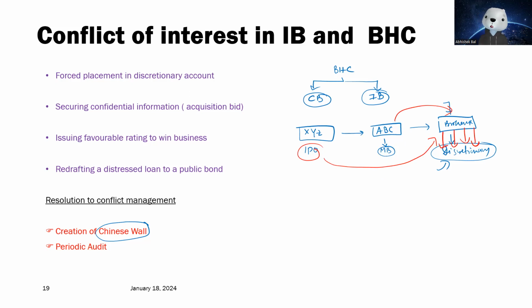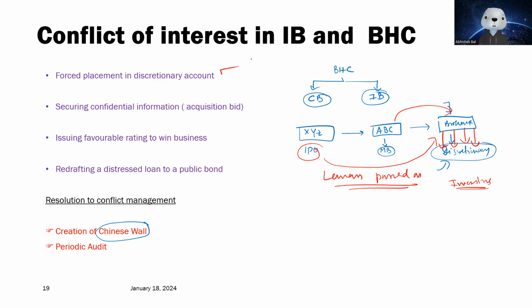If this kind of lobbying and influencing is strong enough, then it is possible that lemons are actually being passed on. So who is going to suffer? Obviously, the investors are going to suffer here if they have got a bad company in their portfolio via this IPO. So that is what is called forced placement in discretionary account. This is a pure conflict.